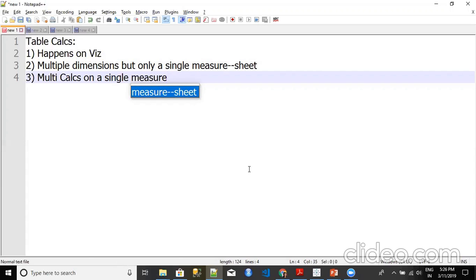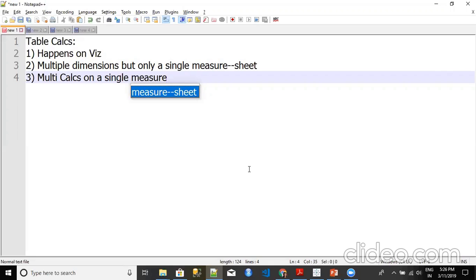Like, the formula for profit ratio is profit divided by sales. Now we have sales as measure 1 and profit as measure 2. So there are two measures, and this will happen through normal calculations.